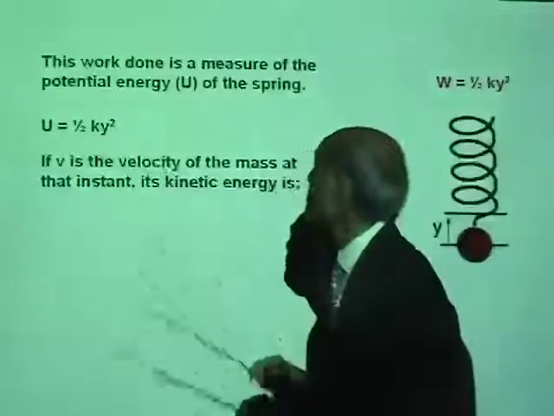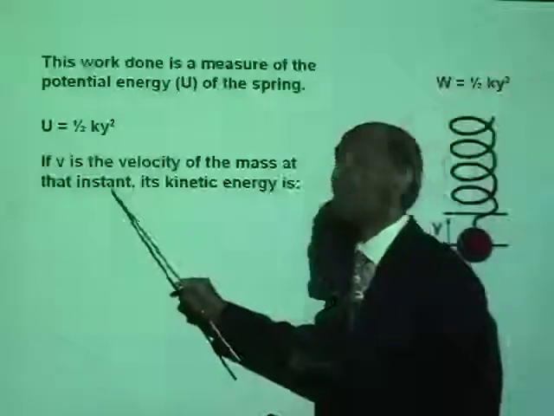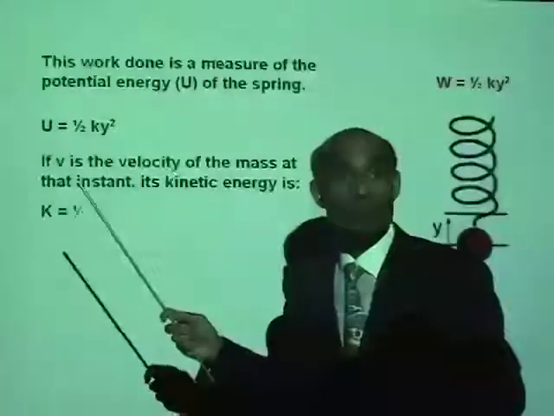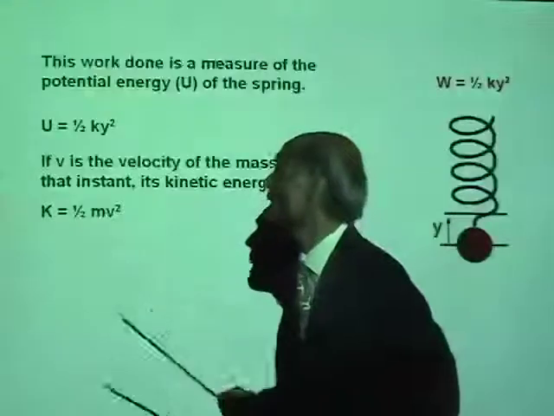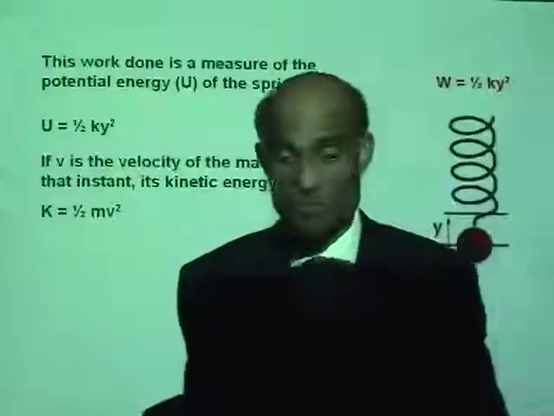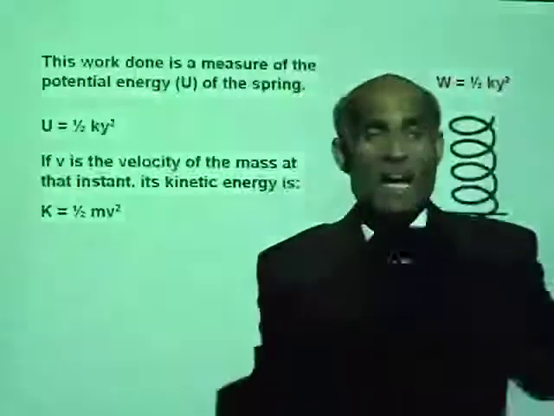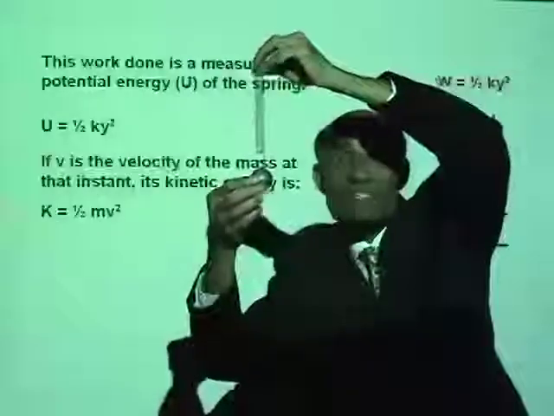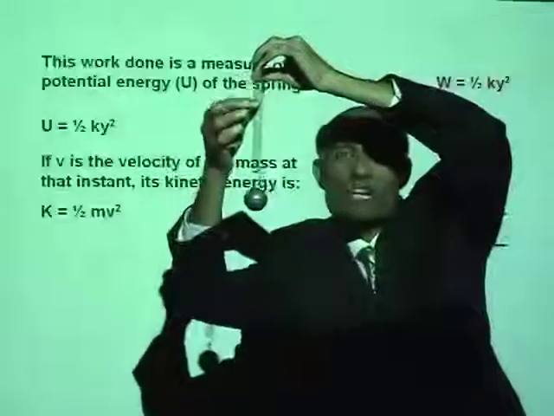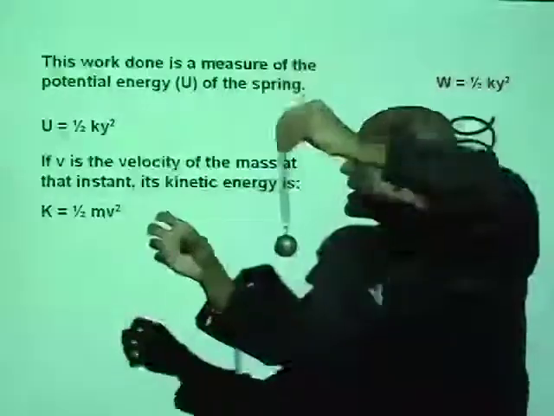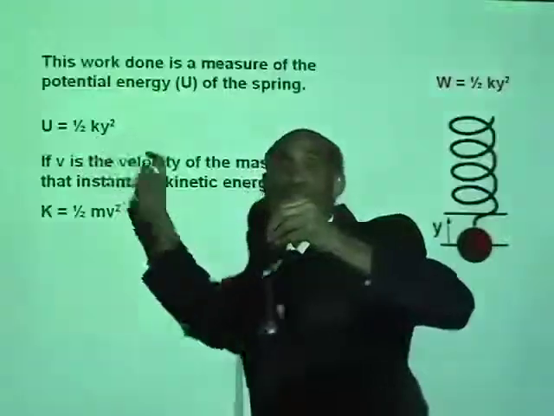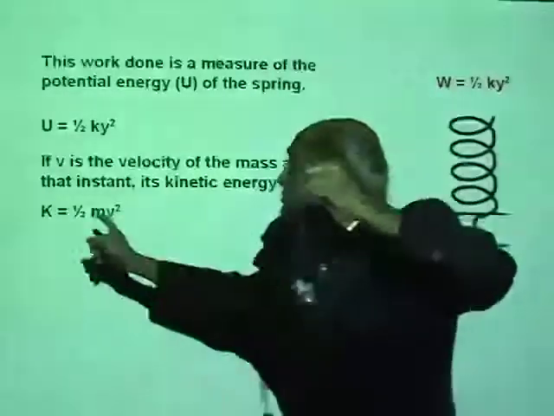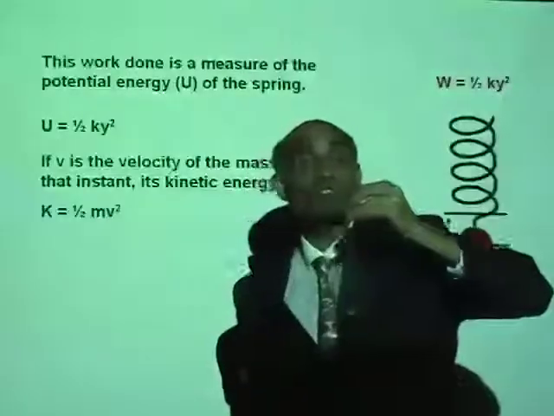If v is the velocity of the mass at that instant, then the mass will have a kinetic energy given by K equal to 1/2 mv squared. That means as the mass oscillates at any given instant, there is some potential energy in the spring given by 1/2 ky squared, and there is some kinetic energy of the mass given by 1/2 mv squared.